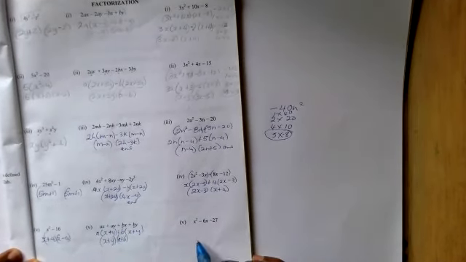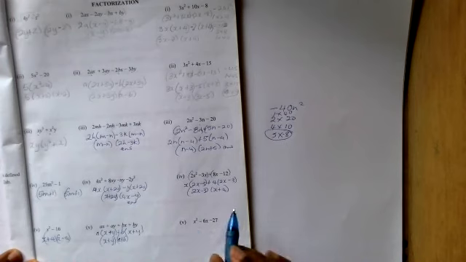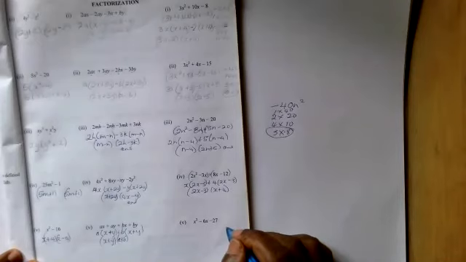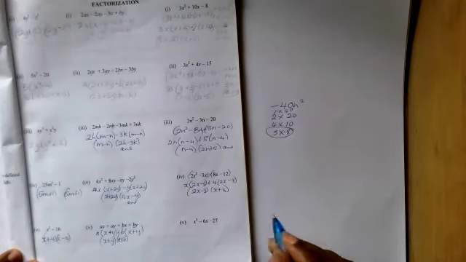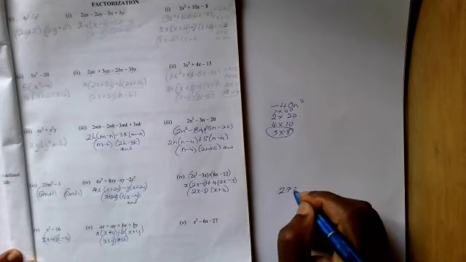Let us look at this one. Last one on this page, we have x squared minus 6x minus 27. So the first thing we do, we multiply x times that, so we get negative 27x squared.